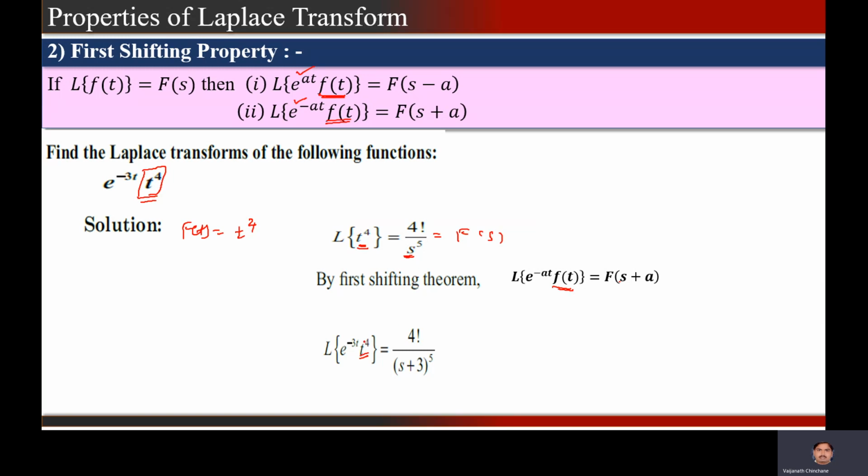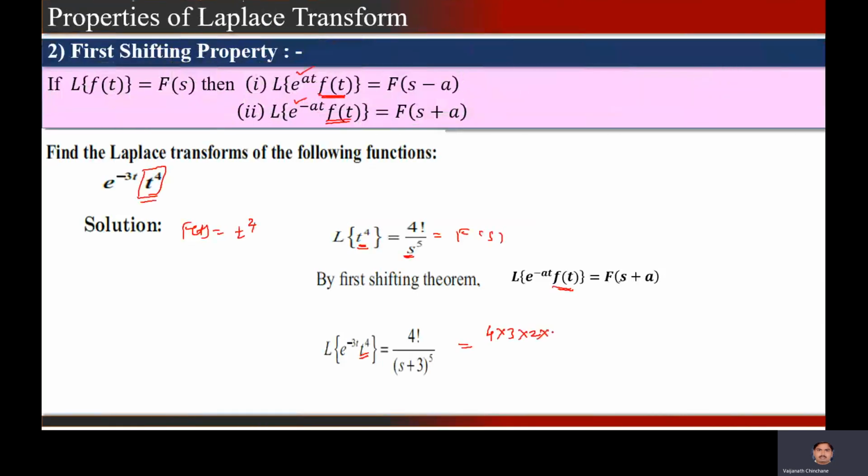If we multiply this t raised to 4 by e raised to minus 2t, then it is s plus 2 raised to 5. If we multiply this by e raised to minus 5t, then s plus 5 raised to 5, and so on, and this is equal to the answer.